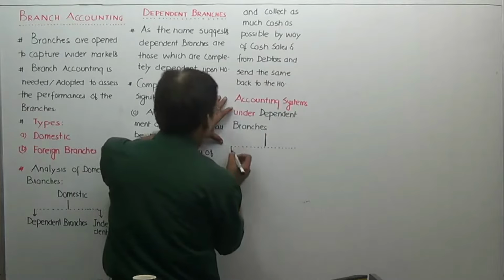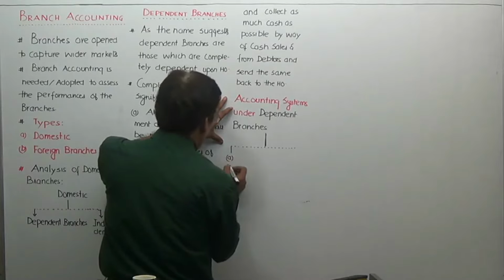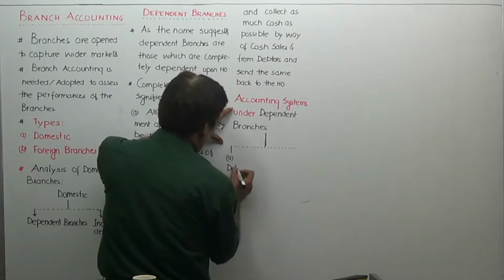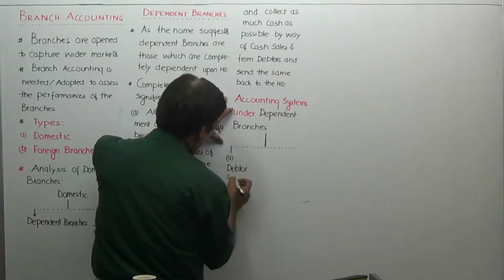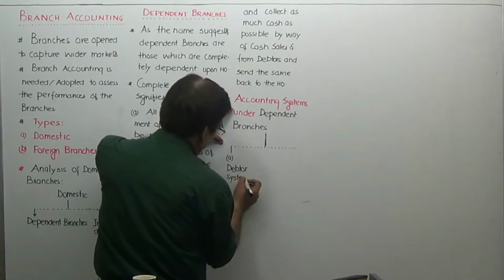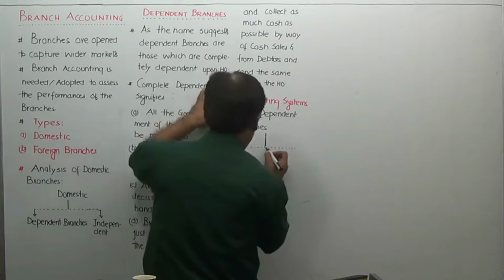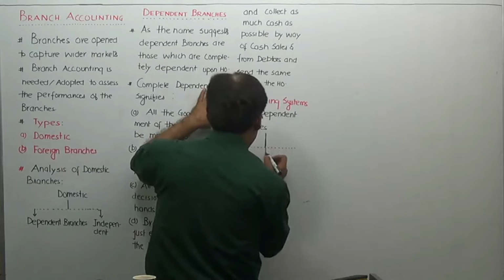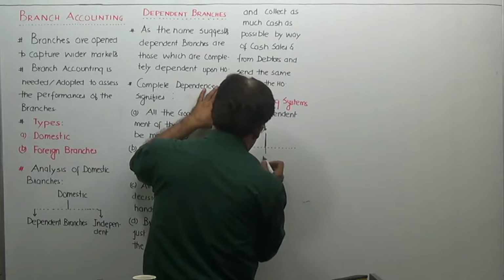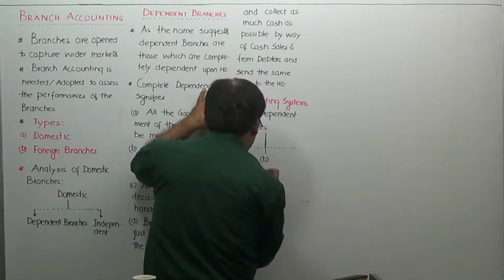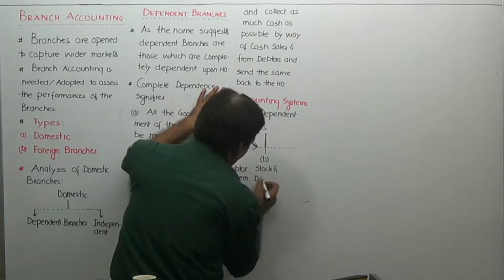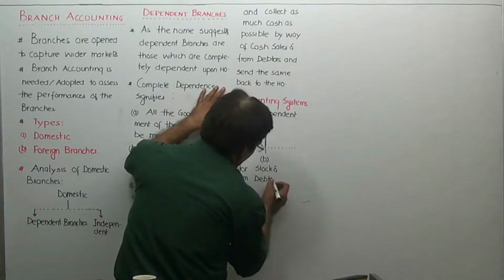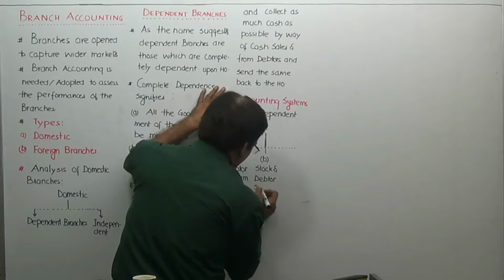One, A, debtor system, the most commonly used system. Then B, stock and debtor system.